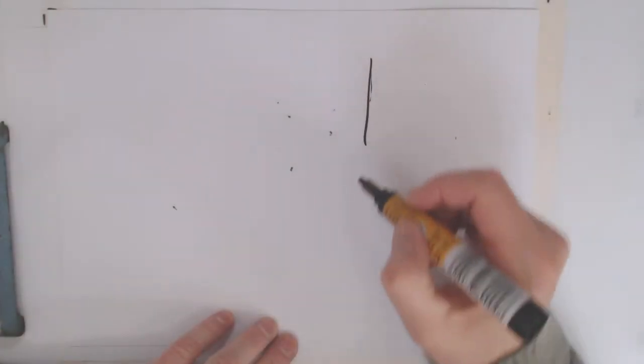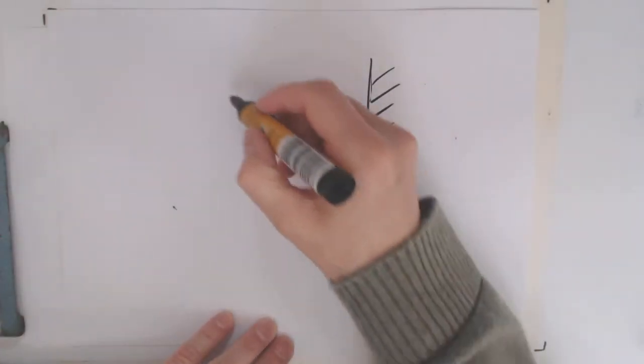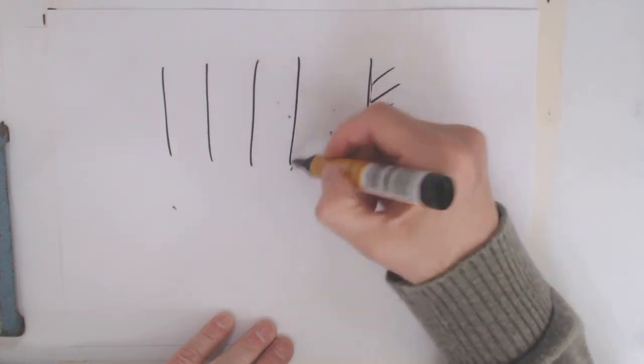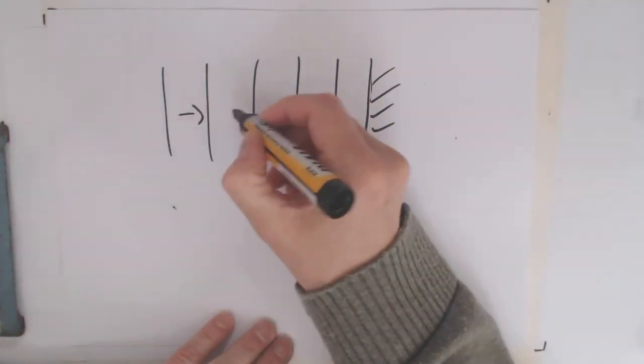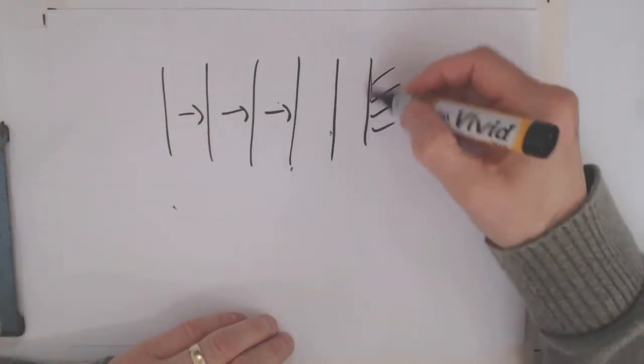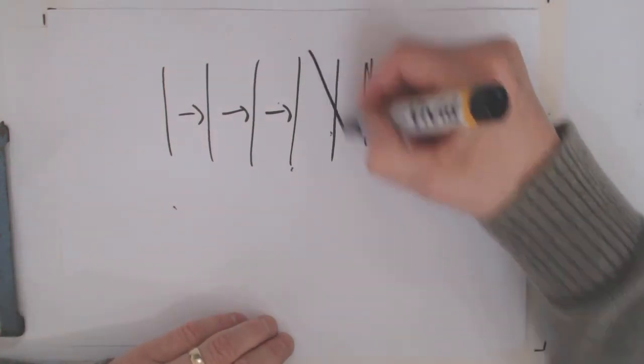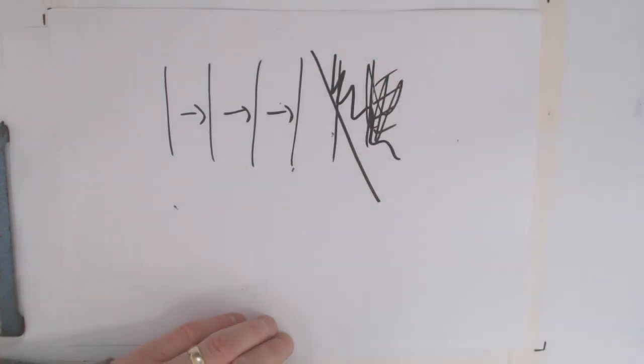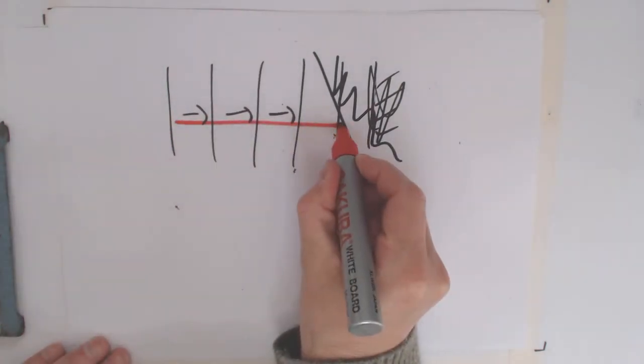If we have a wall and we have waves coming in, sea waves, then they will do a similar thing. In fact, because my wall's like that, they're not going to be very interesting. What if I put a wall like that? Then these waves are all going in this direction, right?